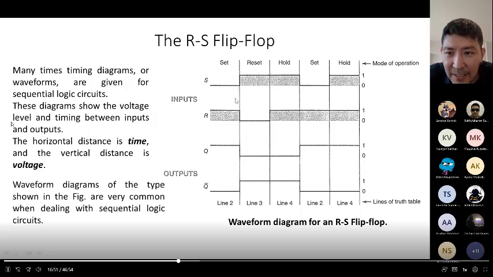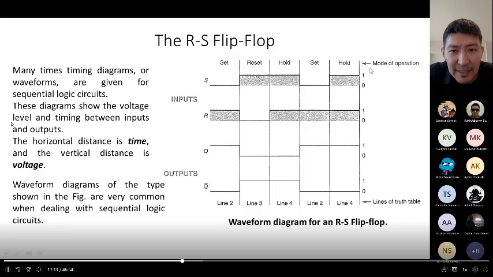Let's consider it carefully. Here set is 0 and R is 1. So it is in the set mode, right? It means that Q will be 1 and not Q will be 0.